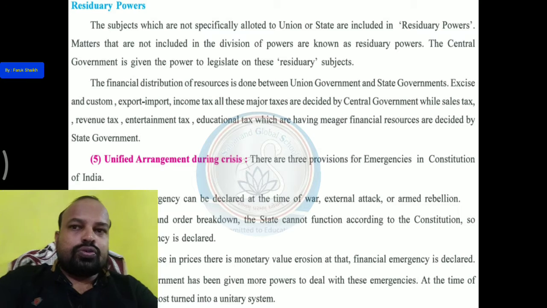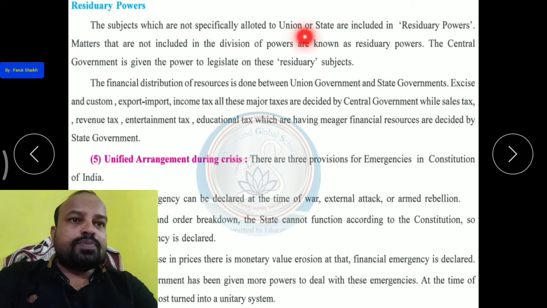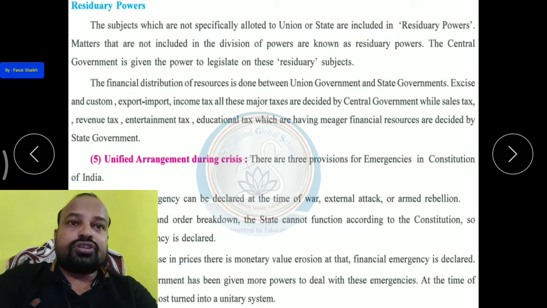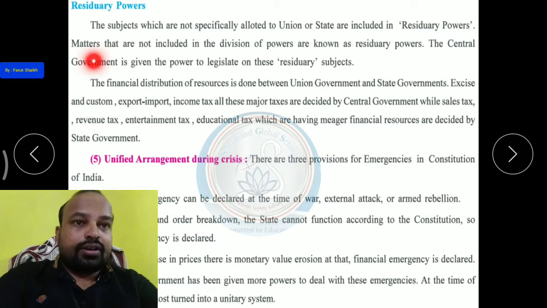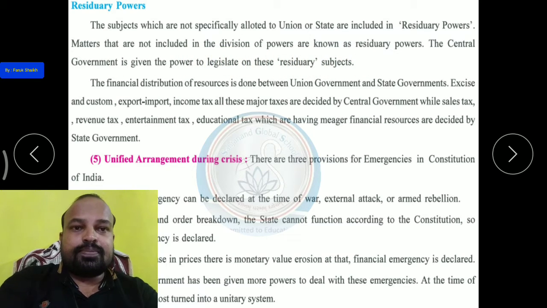The subjects which are not specifically allotted to the union or the state are included in the residuary power. The matters that are not included in the division of powers are known as residuary power.